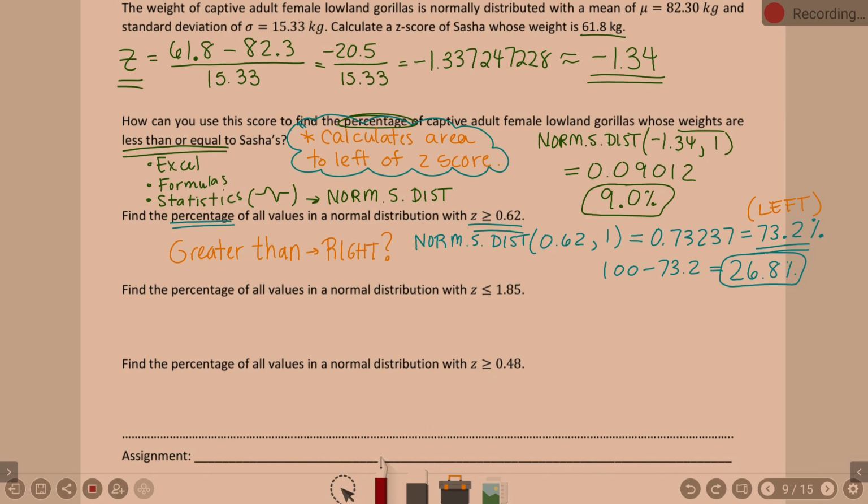Okay, two more to practice with real quick. Find the percentage of all values in a normal distribution with z less than or equal to 1.85. What are we doing? In Excel, NORM.S.DIST, what am I putting in there? Z-score of 1.85, comma, 1.